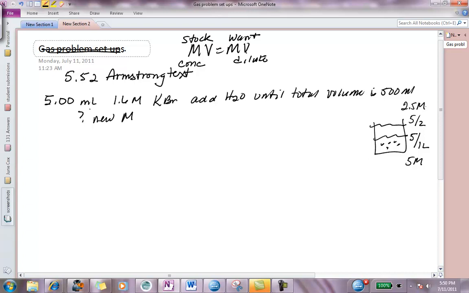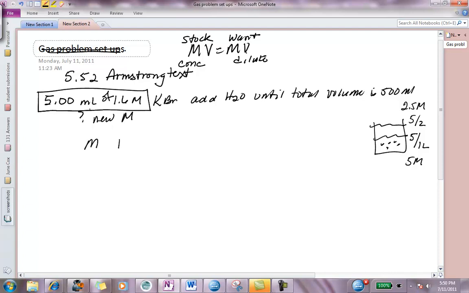So in doing this equation, what you will often see is 2 pieces of data that are often connected by an "of." If you see 5.00 milliliters of 1.6 molar KBr, that is one side of the equation right there.